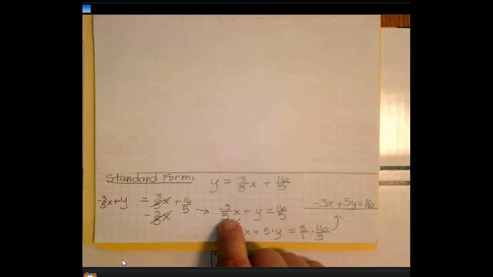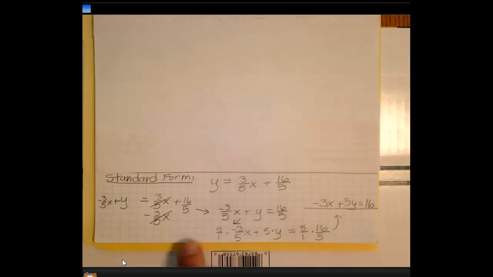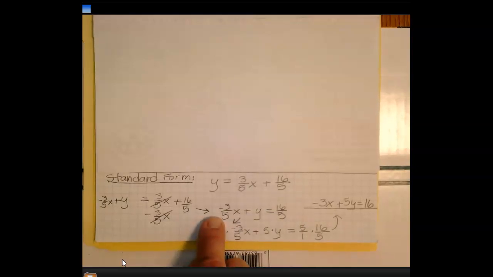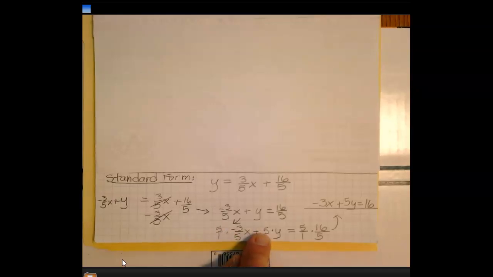And the way we're going to do that is we are going to multiply all three terms by whatever my denominator is. In this case, it's 5. So I'm multiplying negative 3/5 x times 5, y times 5, and 16/5 times 5.